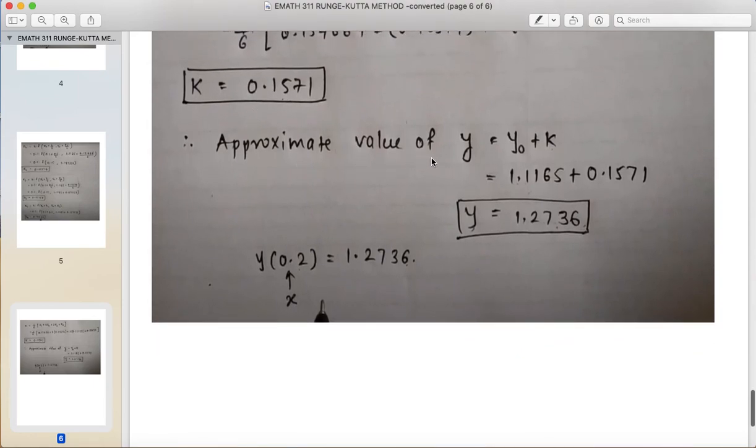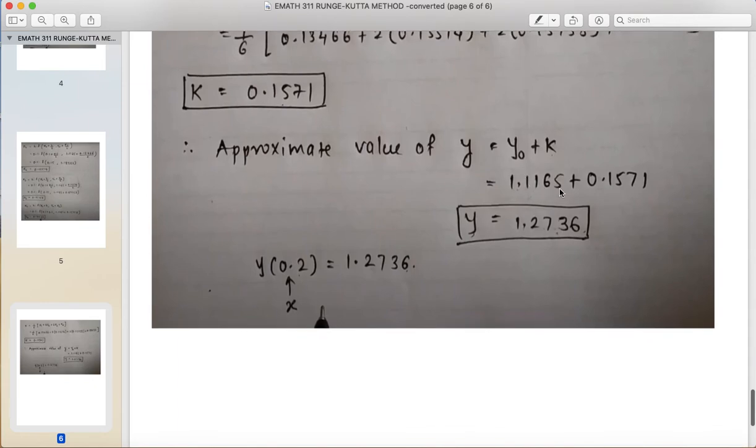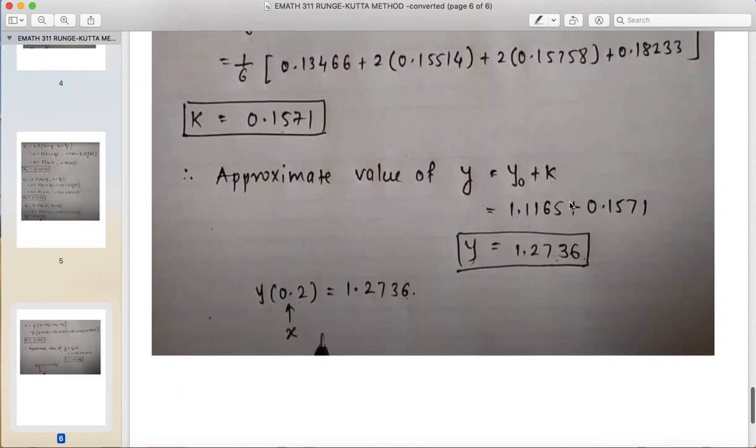So the approximate value of y is equal to y naught plus k. We substitute this information here. This is 1.1165, which is our y naught, and our k that we found here is 0.1571. So we get our y equal to 1.2736.